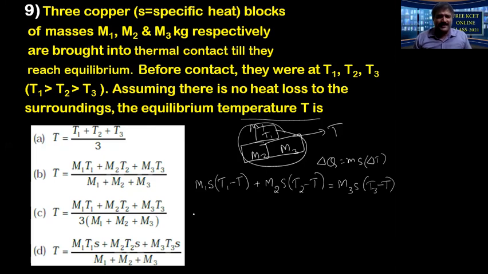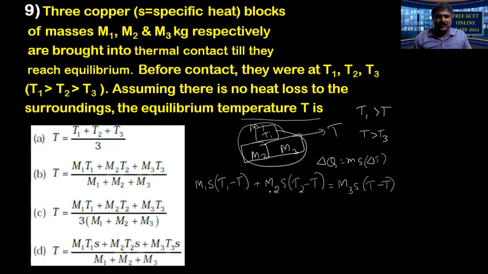Now s cancels through. T is greater than T3 obviously, because the equilibrium temperature must be in between T1 and T3. So T1 must be greater than T, whereas T3 should be smaller than T. Okay, so T should be in between them.